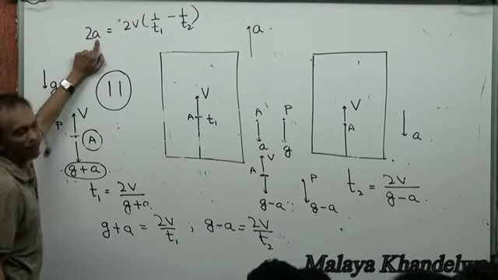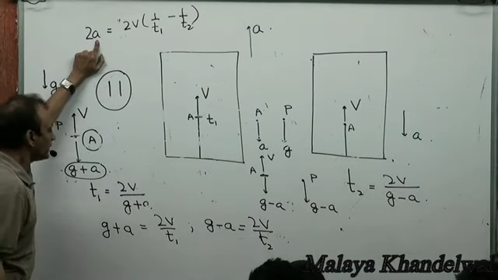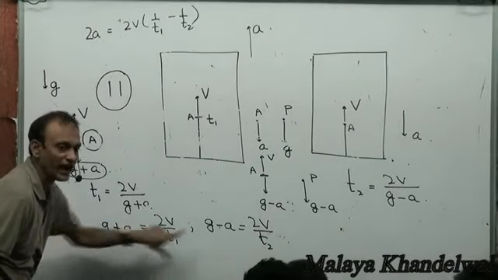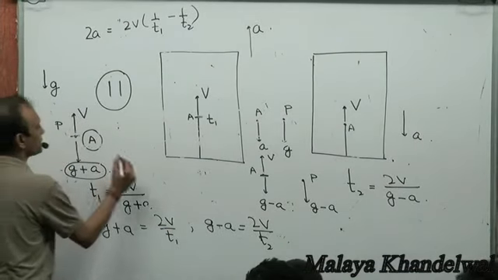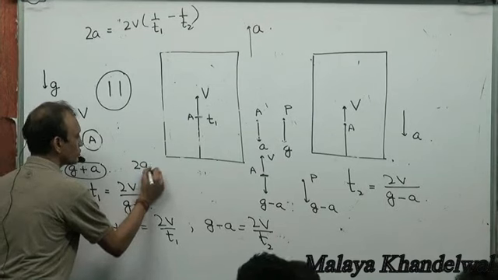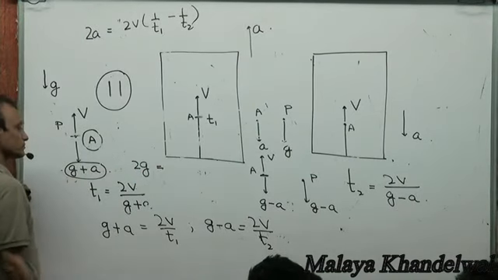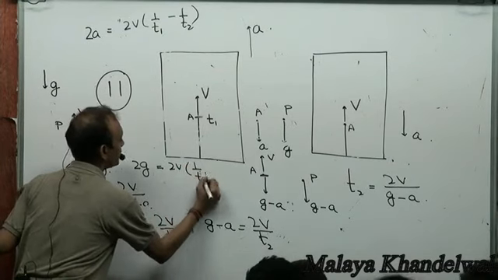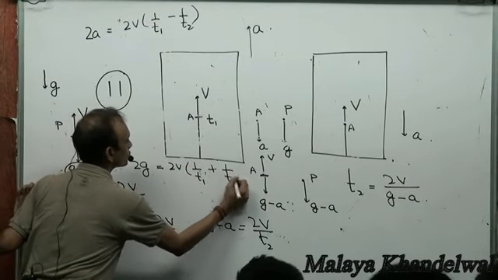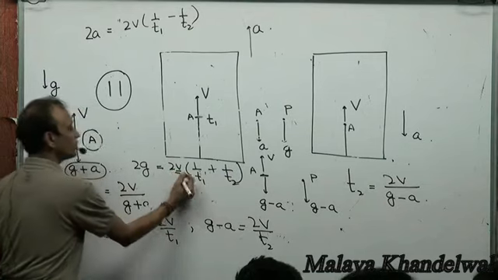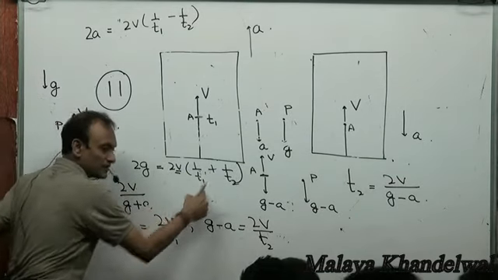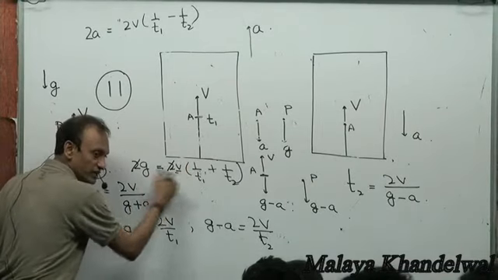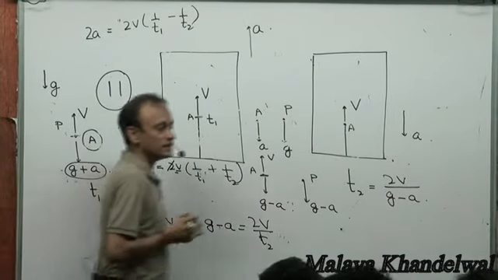That will give me the value of A. And if I want to find the value of V, if I add these two equations, then I end up getting 2g equals 2V into 1 by T1 plus 1 by T2. So that will give me V equal to g T1 T2 by T1 plus T2. V will turn out to be g T1 T2 by T1 plus T2.